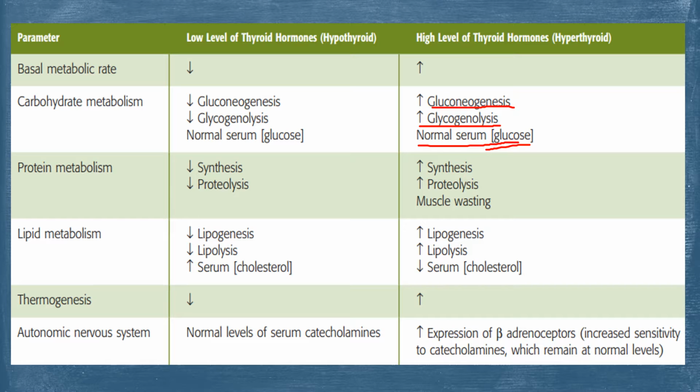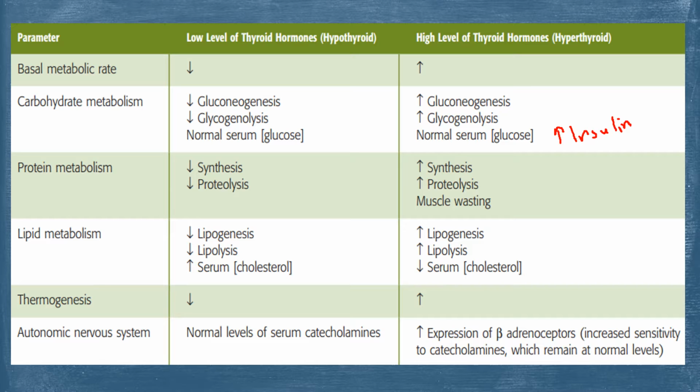Because at the same time, the beta cells in the pancreas will increase their activity, and we will also have high levels of insulin.